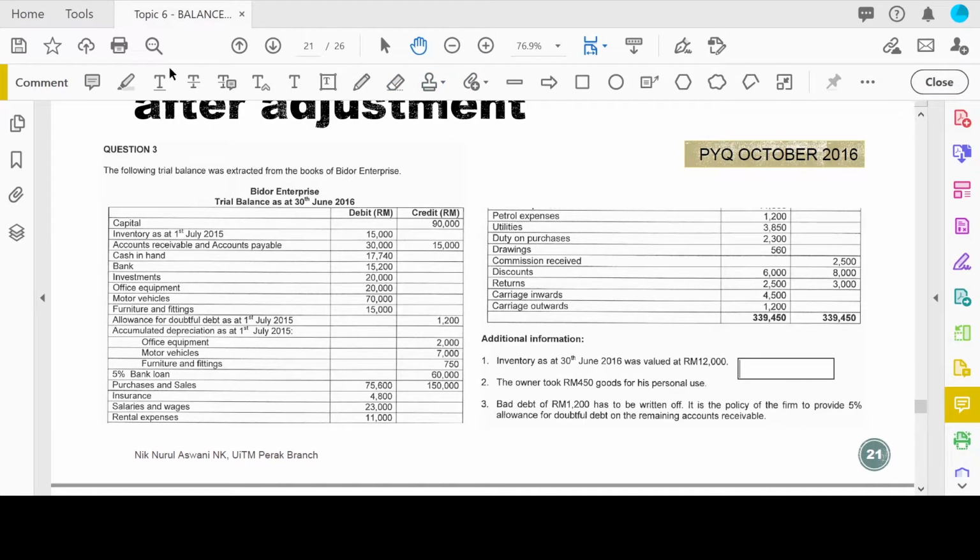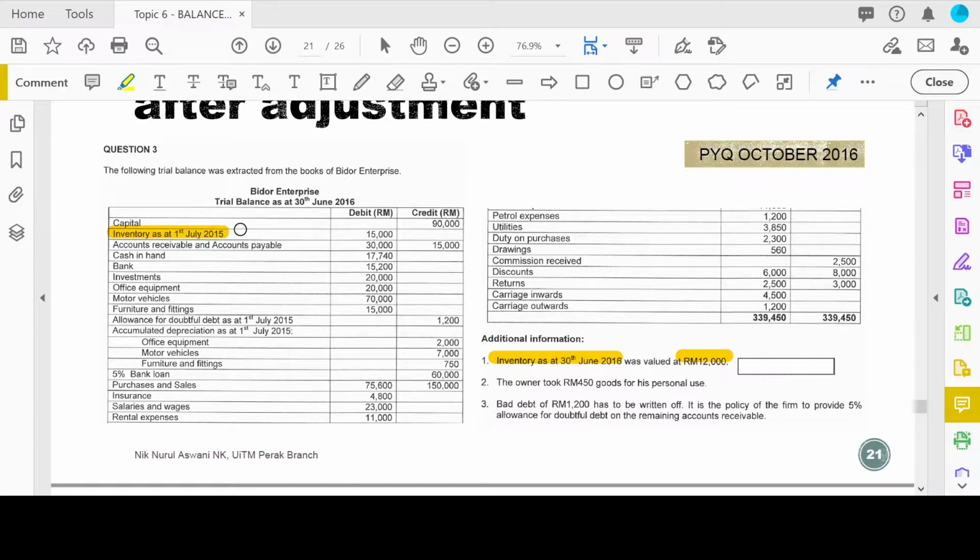So what is this? This inventory of 12,000 is the inventory at the end of the year. And the amount of inventory that you see in the trial balance as at 1st January 2015 is referring to the opening inventory.